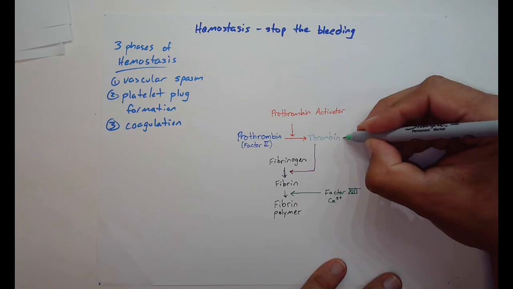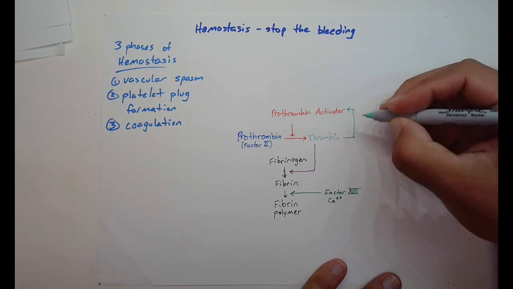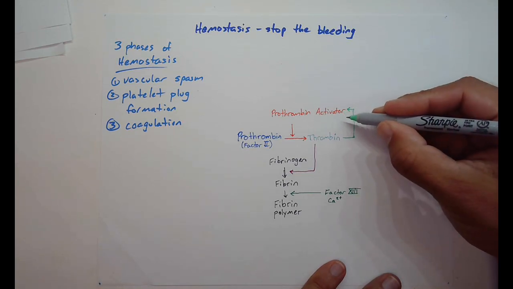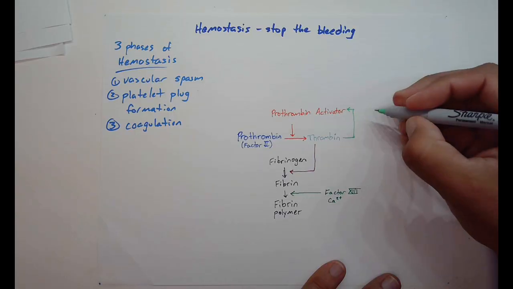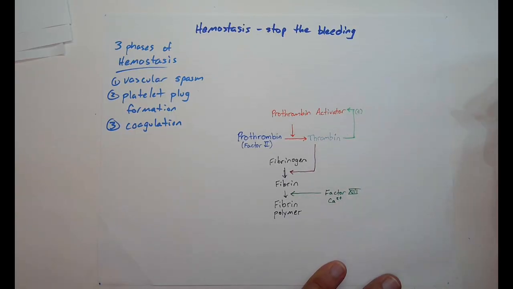So the way it does this is through a positive feedback loop, where thrombin goes back and starts to activate even more prothrombin activator. Thrombin acts with positive feedback.